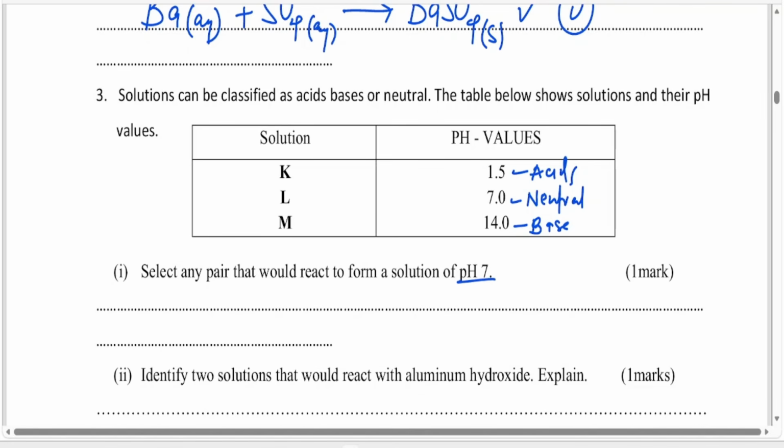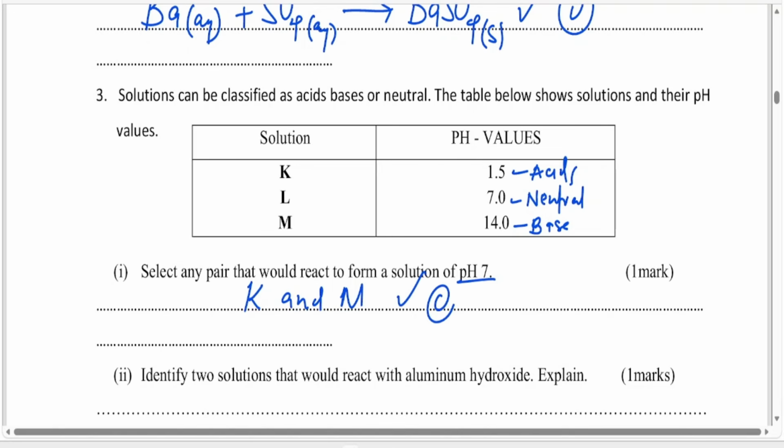For instance, take an example of sodium hydroxide reacting with hydrochloric acid, giving us sodium chloride, and that is a neutral salt. Therefore, the pair that will give us a solution with pH of 7 is K and M. So we have K and M. Each has a mark, total 1 mark.